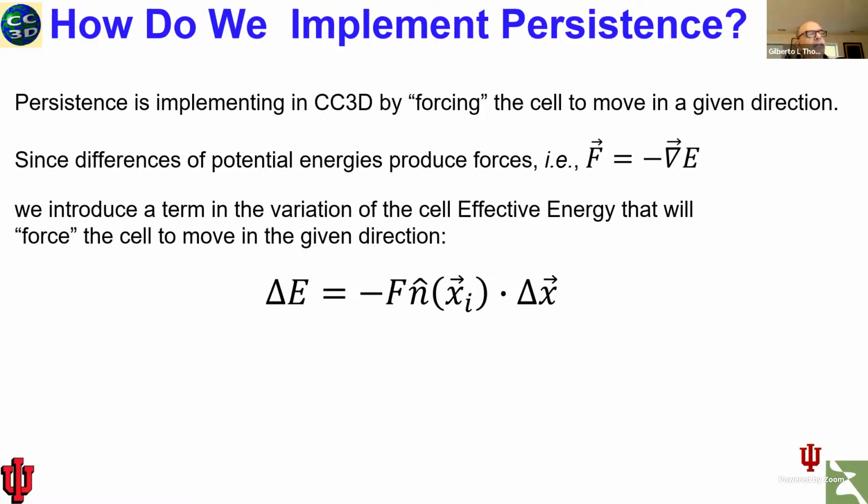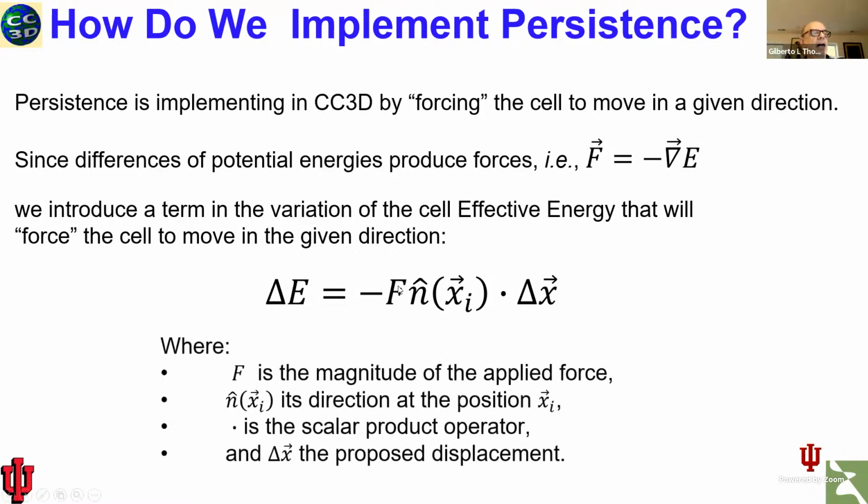What this term is telling you is that the energy is F, which may be a constant or not, and stands for the intensity of the applied external force. This n hat here is a unit vector that points in the direction of the force at the position that the cell is occupying.